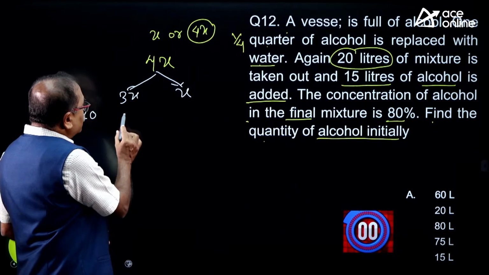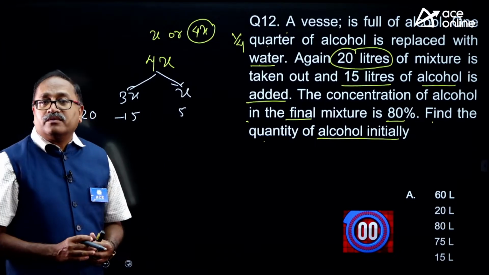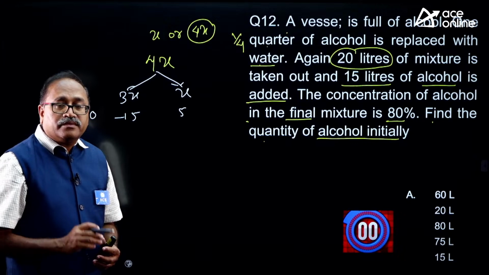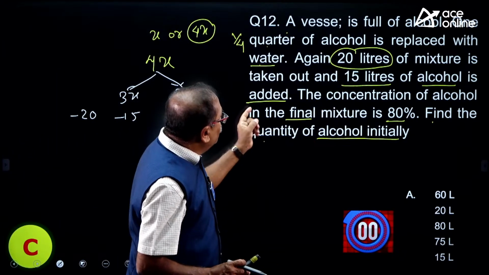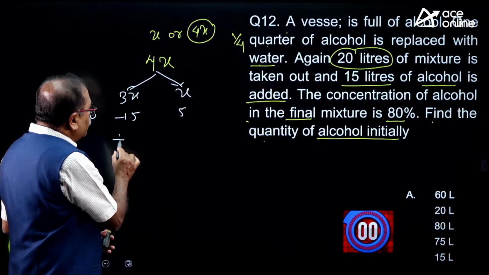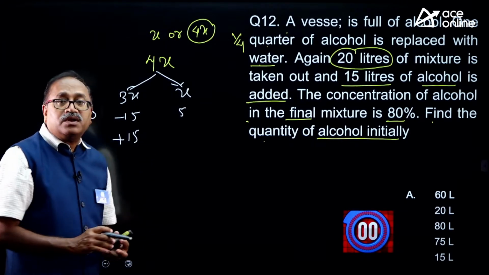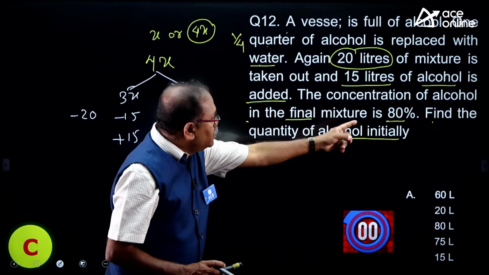So can I take out 15 from here and 5 from here out of 20? Then 15 liters of alcohol is added. So this is the alcohol, again you are adding 15 liters of alcohol, and then the final mixture is 80%.